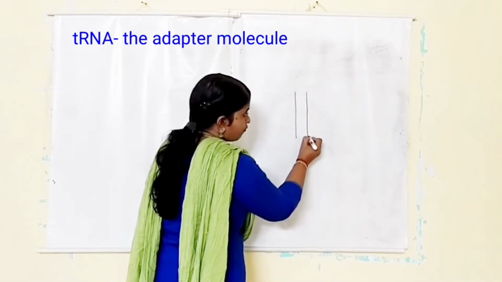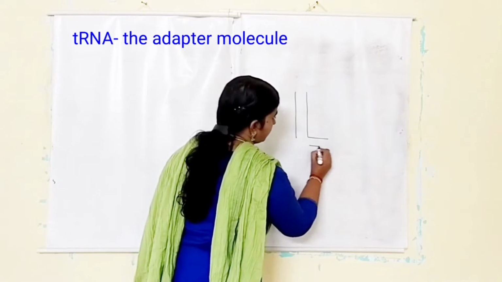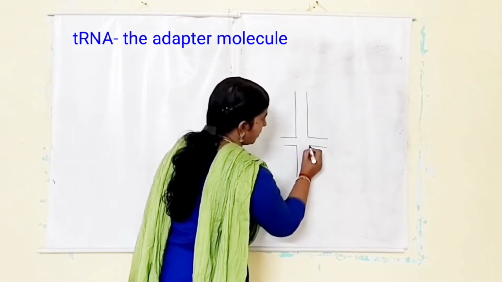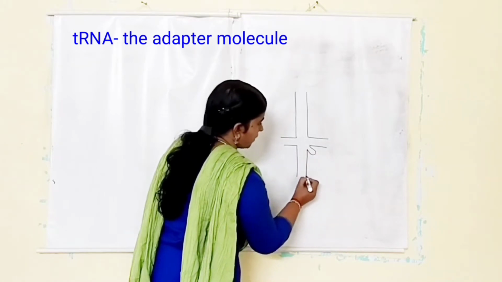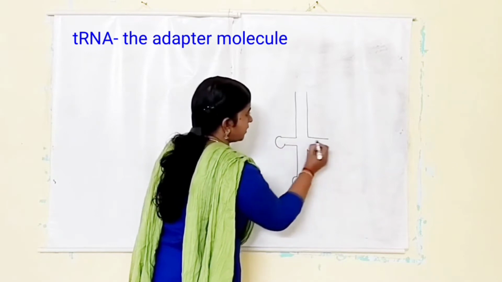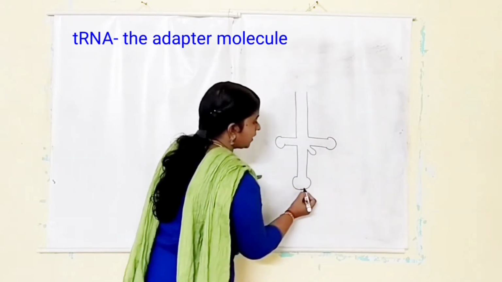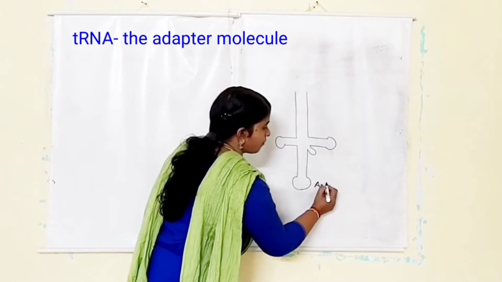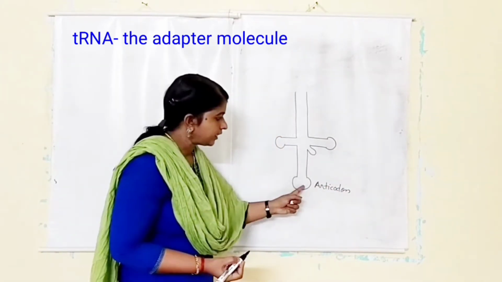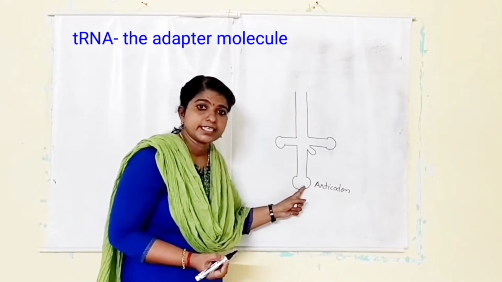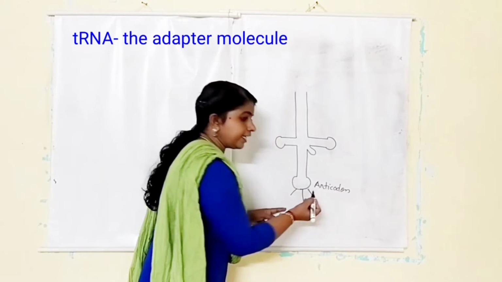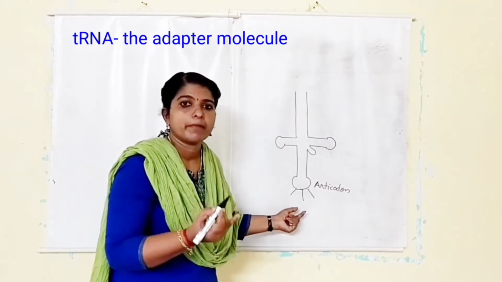It has 4 arms. Okay. And a short arm is also there, and one end, this end, is known as the anticodon loop. Okay, this end is known as the anticodon loop because it can read the codons of mRNA.